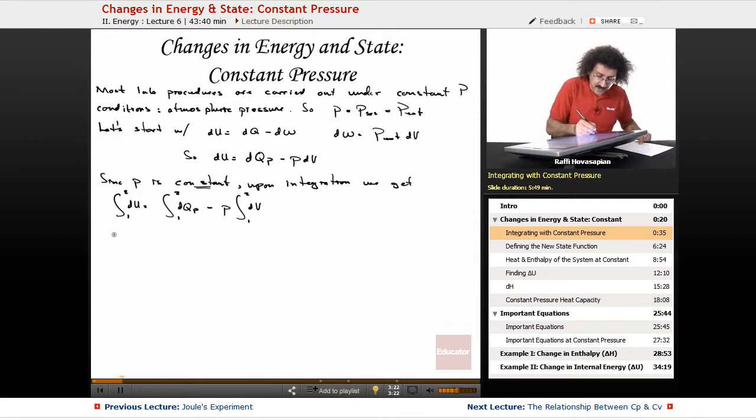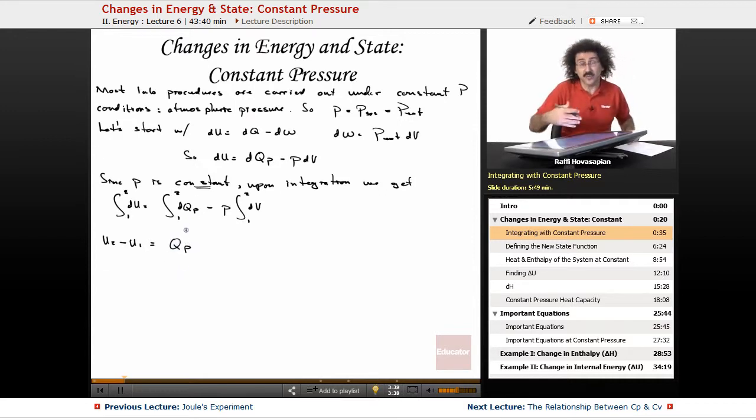Instead of using the delta symbol, I'm going to write it out explicitly. U is a state function, so this becomes U2 minus U1. This is a path function, so it just becomes q sub P, the heat withdrawn from a system at constant pressure.